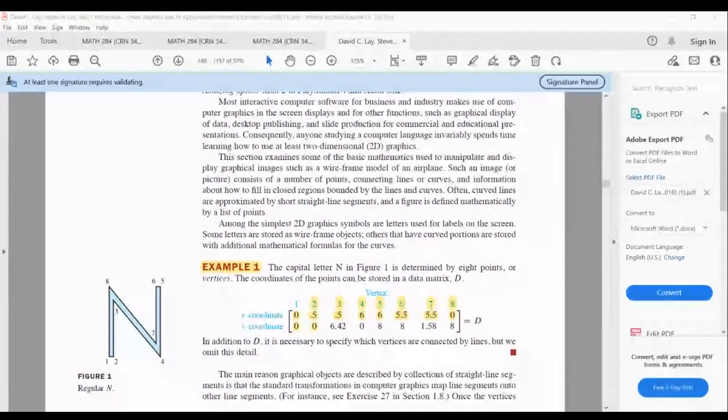Vertex 3 is moved up from vertex 2, so the x coordinate stays 0.5, and then you move up a distance of 6.42. So you can represent the vertices of this letter N by the matrix D in example 1. Are there any questions on that?